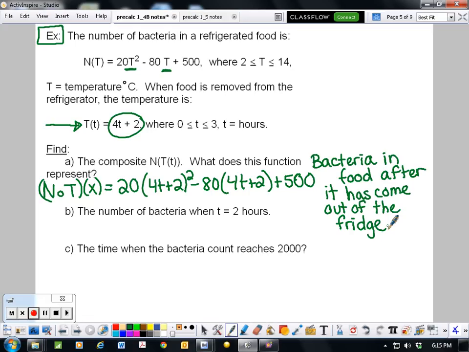Okay, so what we're going to do now is calculate the number of bacteria after 2 hours. So I'm going to go ahead and plug in the 2 here. So 4 times 2 is 8, plus 2 is 10, minus 80. 4 times 2 is 8, plus 2 is 10.